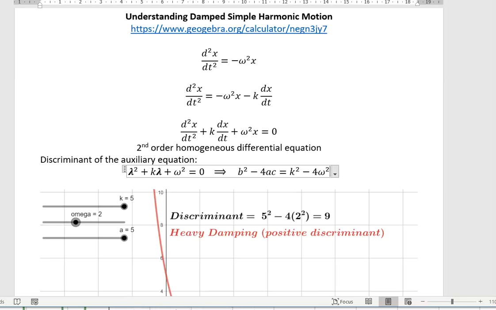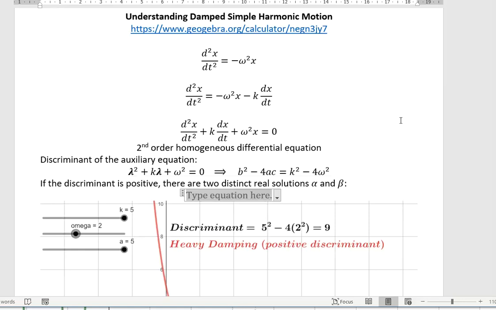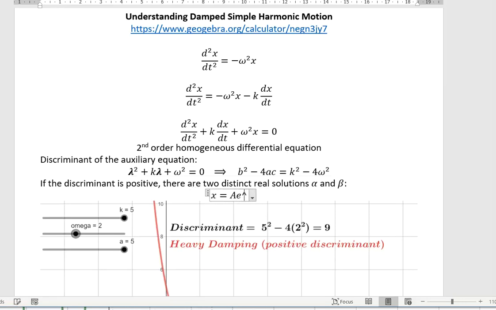In the case where it's positive, we would expect two real solutions, and let's say those solutions are alpha and beta, two distinct real solutions, alpha and beta. Then our general solution to the differential equation will be x equals a e to the alpha t plus b e to the beta t.